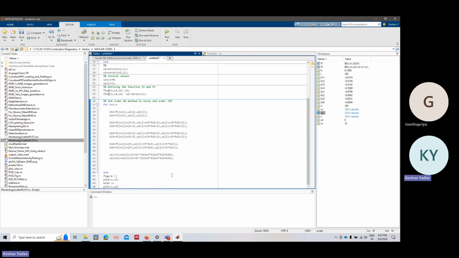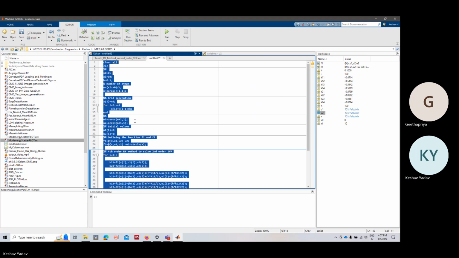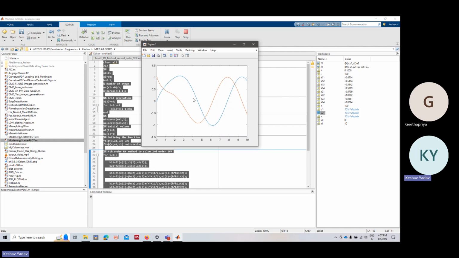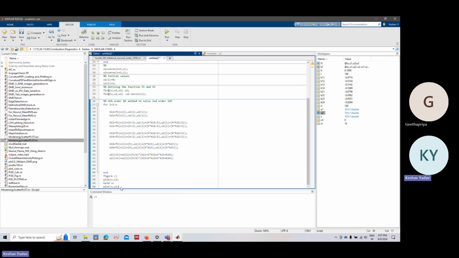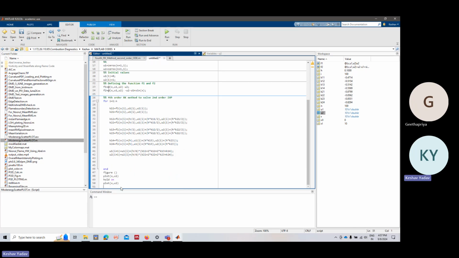If I run it, see, which one is U1 and which one is U2? I don't know, so I need to write a legend. The first one is Y and the second one is U2, the derivative, dy by dx.